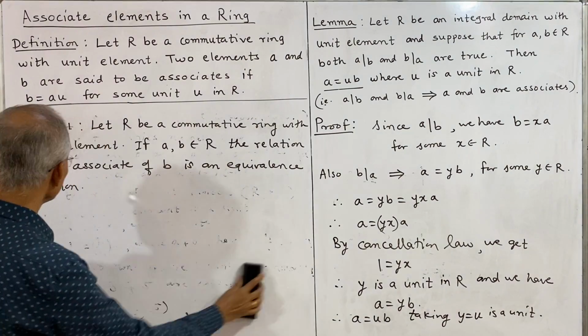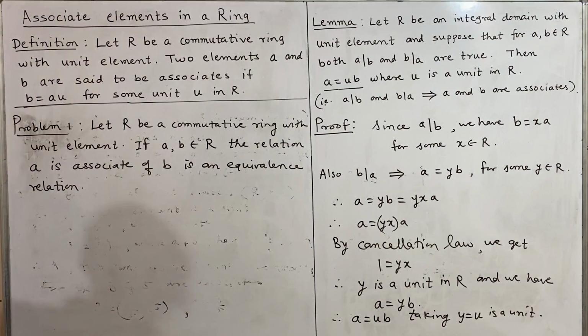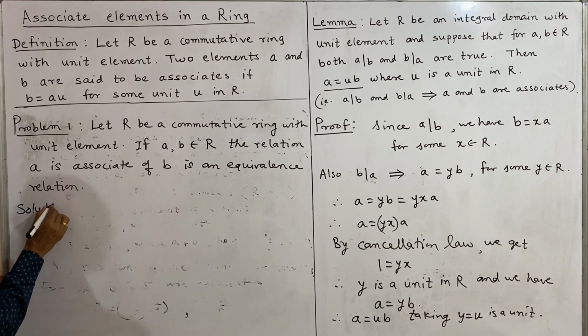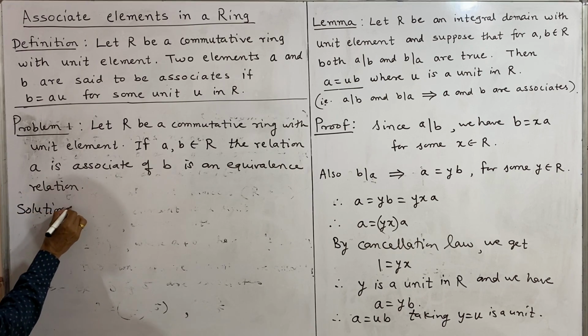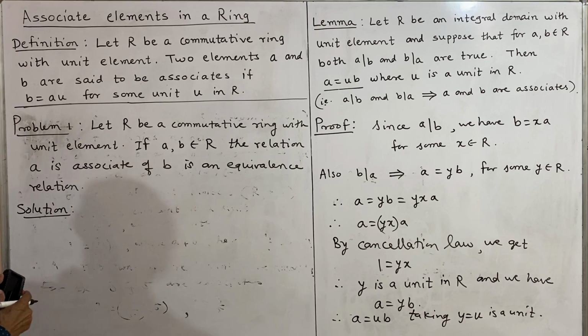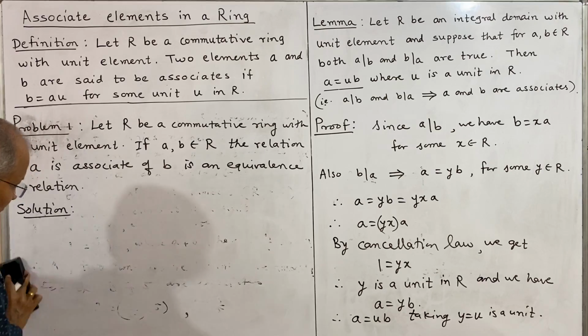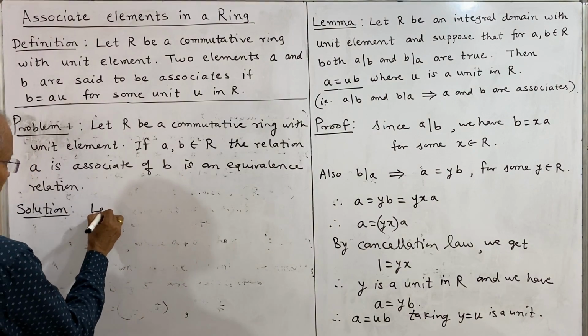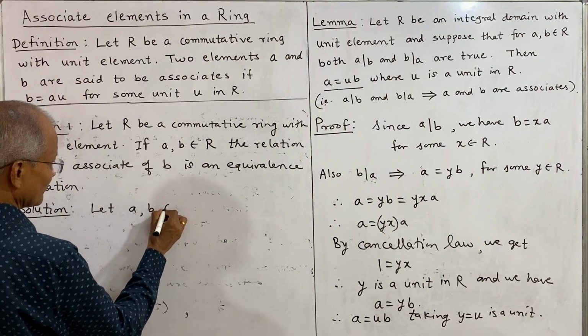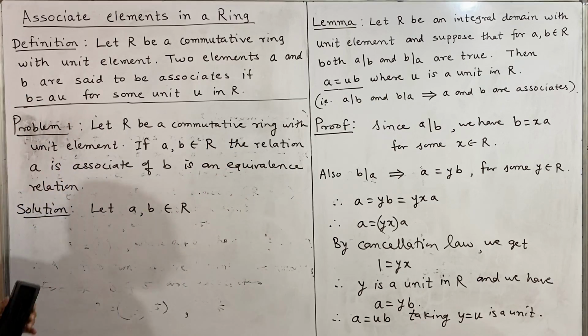So first we shall denote this: A is associate of B. Let A, B belong to R, where R is a commutative ring with unit element.